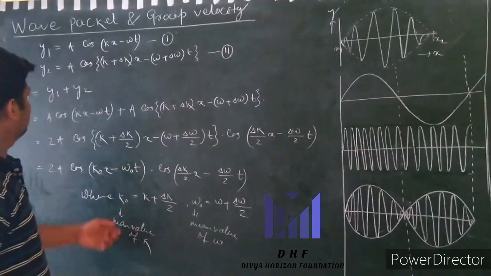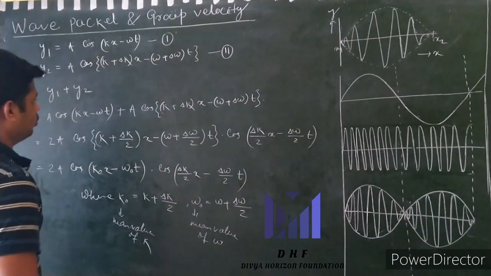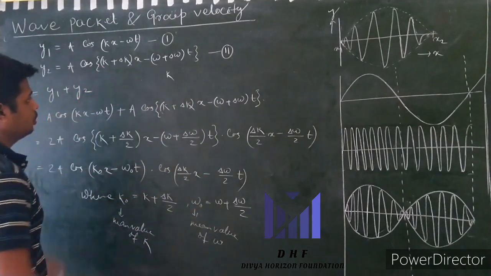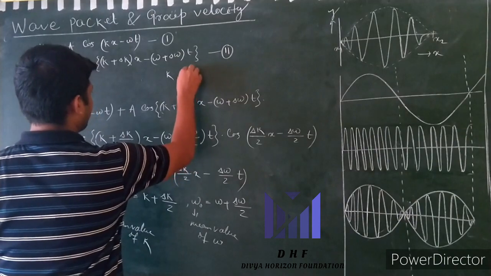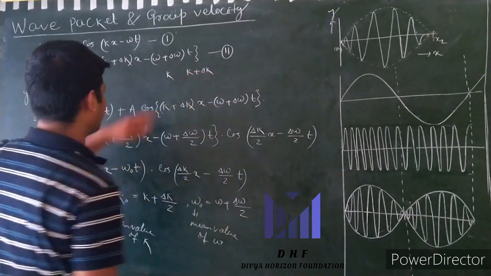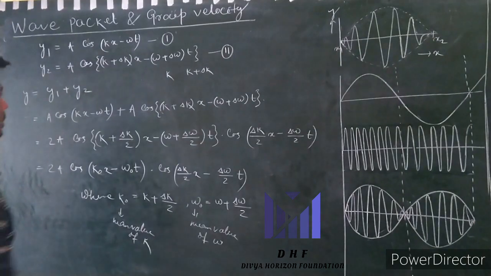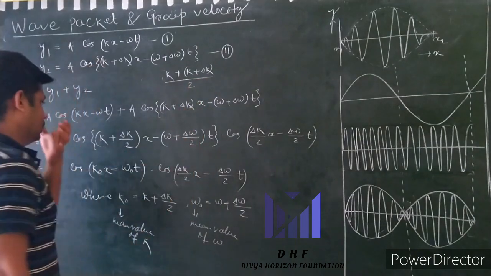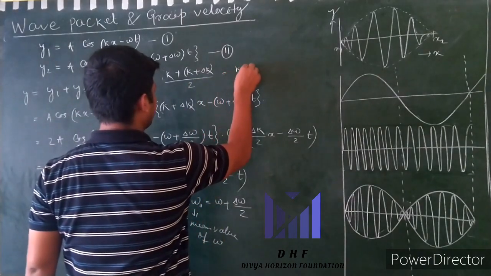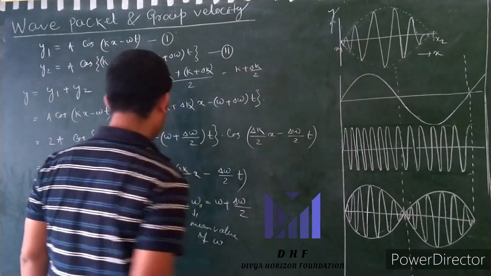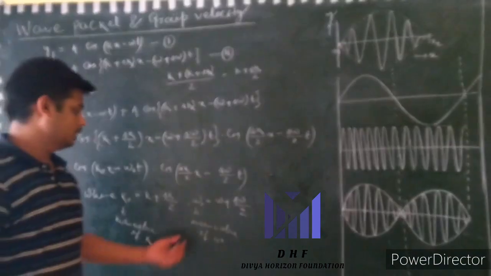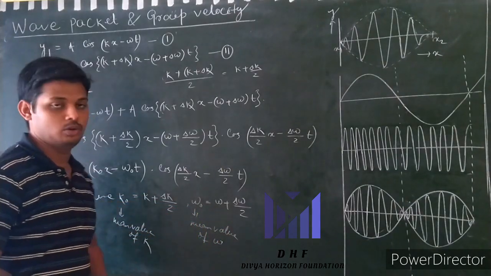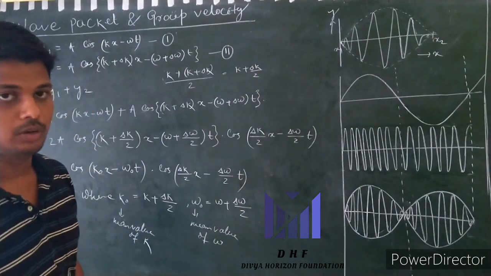Because for wave 1, the propagation constant was k. For wave 2, the propagation constant was k plus del k. If we calculate the mean of k, we add these two and divide by 2. This will be equal to k plus del k by 2. Similarly, if we calculate the mean value of omega, it will be omega plus del omega by 2. So omega0 is called the mean value of omega and k0 is called the mean value of k.